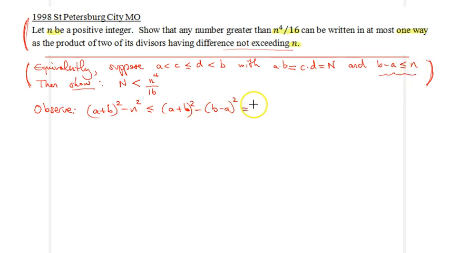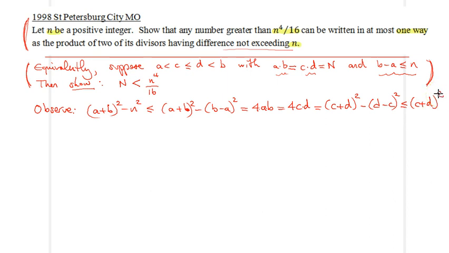But notice that this is simply equal to 4ab after you expand these squares, but recall from the given condition that 4ab is equal to 4 times cd, and 4 times cd can be equivalently written using a similar trick we did for a and b, c plus d squared minus d minus c squared, but that's obviously less than or equal to c plus d squared.